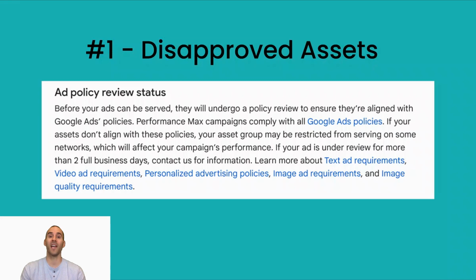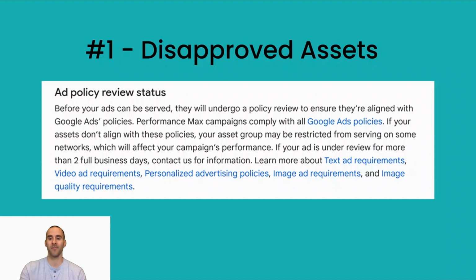So if you don't have a healthy combination of assets, you might be limiting yourself to where your ads can actually show. And the whole benefit of Performance Max is it can show across all of Google's platforms like Maps, Discovery, Search, Shopping, Video. If you're limiting your assets, you might not be able to show across all of those placements.